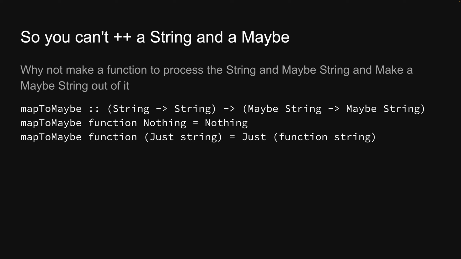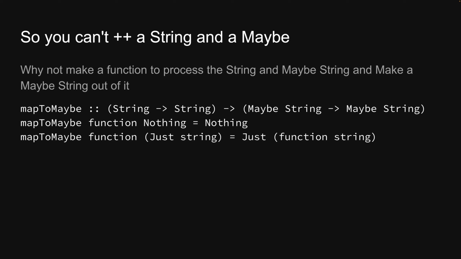And then we return a just, so another maybe. And then we're applying this function that takes a string and returns a string. So if this is just, it means that there's a string there, then we're applying this function to that string.